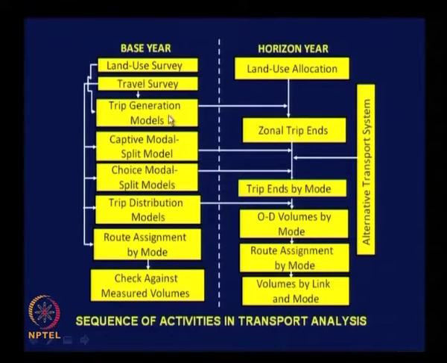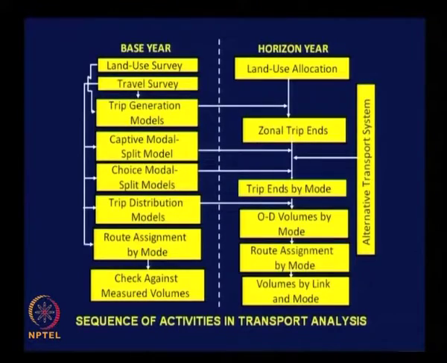The prerequisite for the horizon year modeling process is a clear idea about the horizon year land use condition, right. You would have divided your study area into, say, 200 traffic zones, and of course in the horizon year also you are going to have 200 zones. As far as the number of zones is concerned, it should remain 200. You visualize a horizon year condition, include all future possible developments and fix the number of traffic zones.